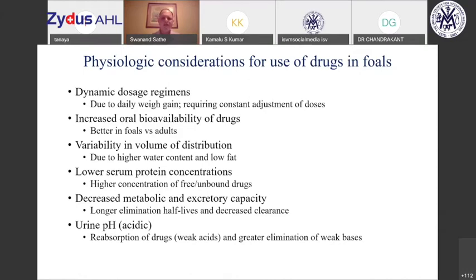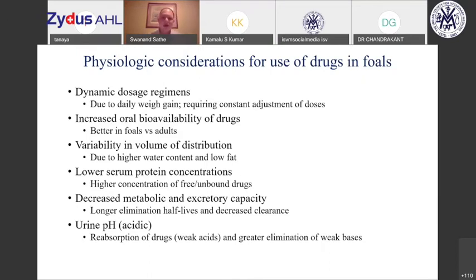Again, foals may have a decreased metabolic or excretory capacity because they have an insufficiently developed hepatic and renal system. They may not be able to eliminate certain drugs, or the half-life of certain drugs may be prolonged in foals, and you need to take that into account. Otherwise, these foals run a chance of having toxicity to certain antibiotics.